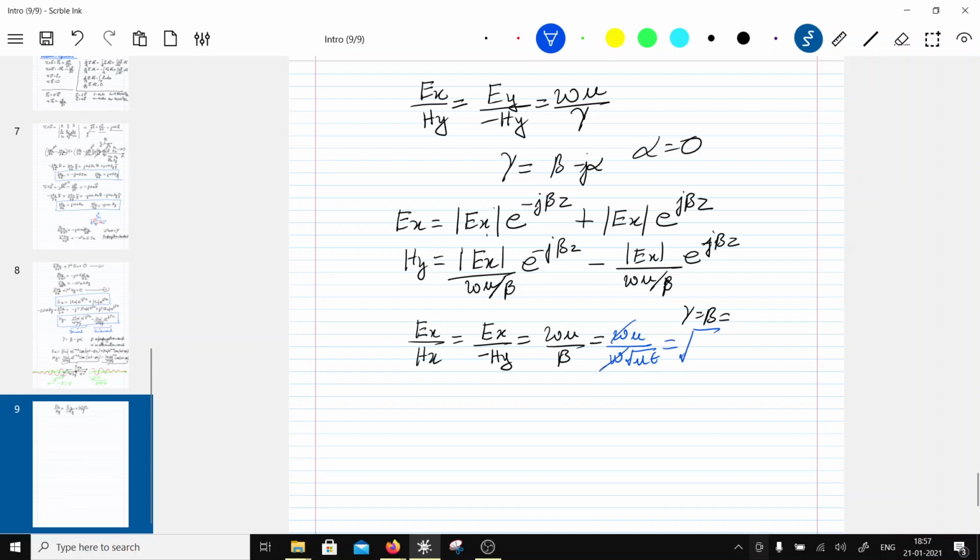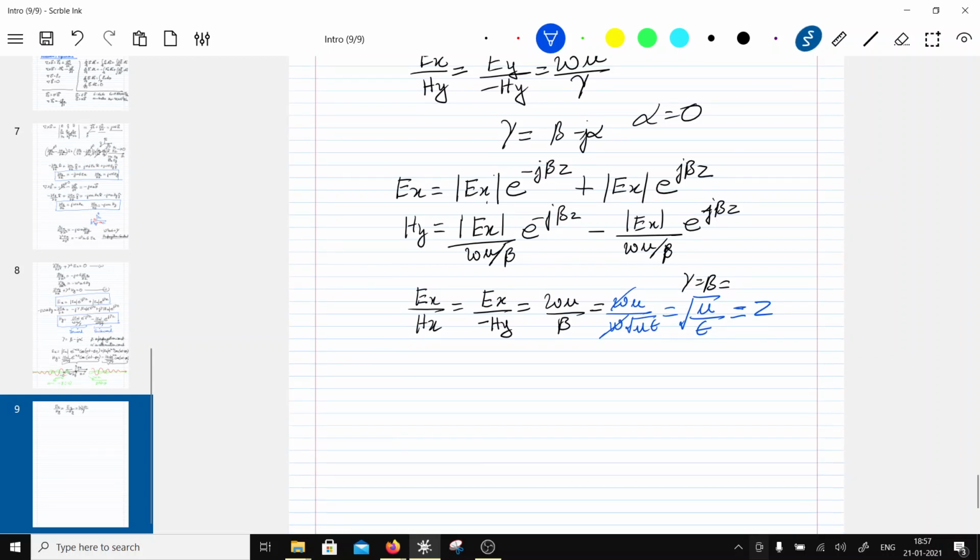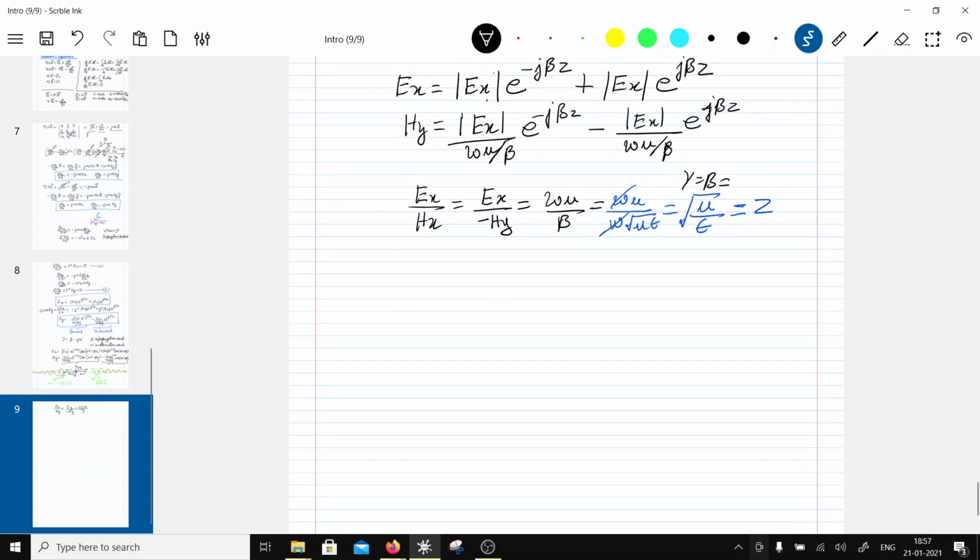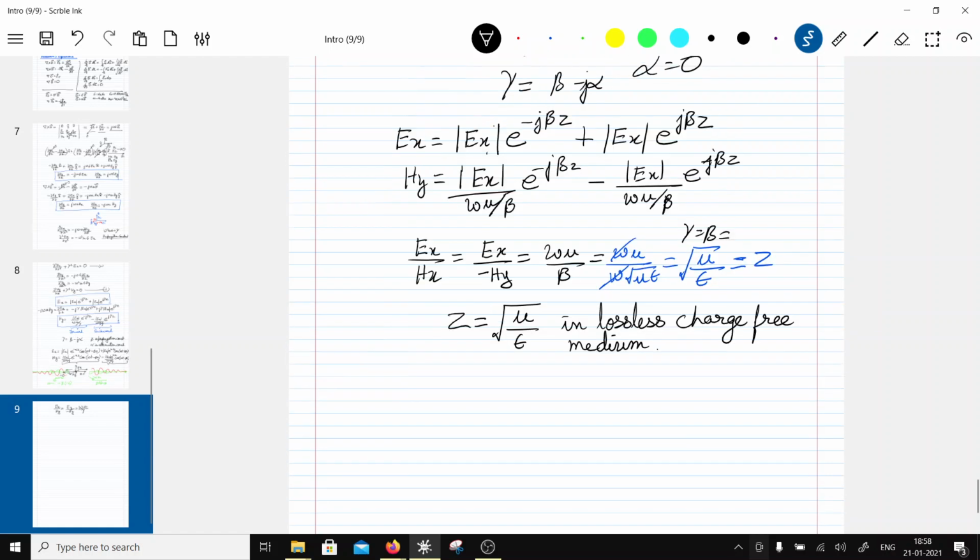So now this results in root of mu over epsilon, so that is equal to z. This is going to be the wave impedance z. So now what do we have? We have defined that the wave impedance z is equal to root of mu over epsilon in case of a lossless charge free medium. Okay, so this we understood.